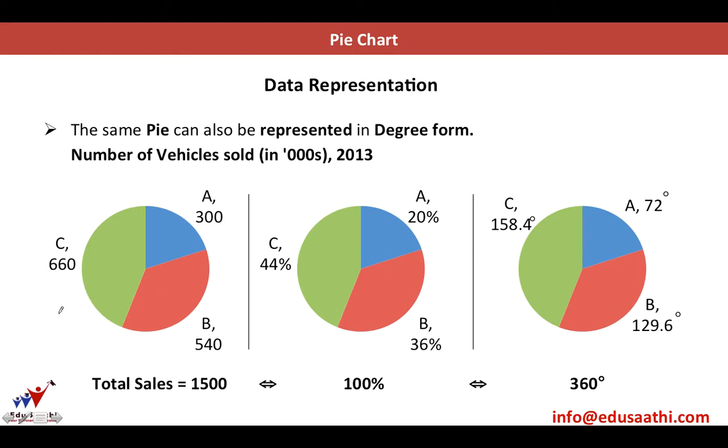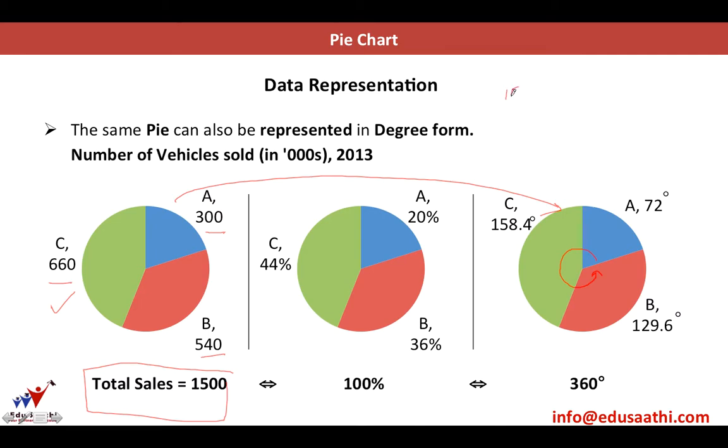So here, this is the graph I discussed in the first slide. I had C as 660, A as 300, and B as 540. So the total sales was 1500 vehicles. Now when I have to define this in terms of degrees, how do I define this? The total sales is represented by the total angle here, which is 360 degrees.